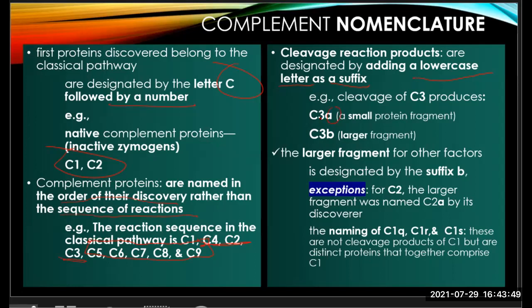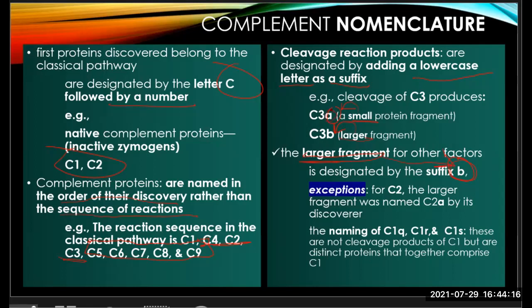For the small fragments, the suffix is a, and for larger fragments, b. So, if the fragment is large, the suffix is b. If the fragment is small, the suffix will be a.